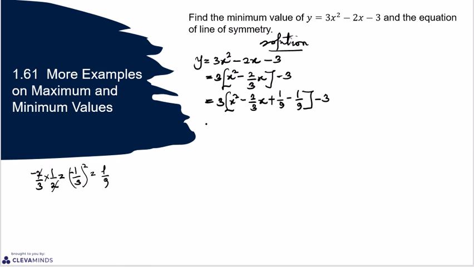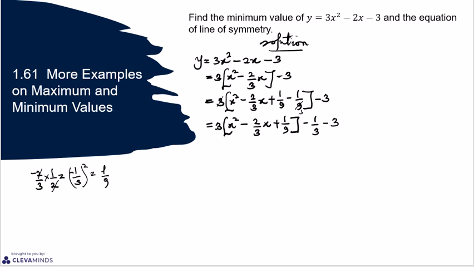We say 3 open bracket x squared minus 2 over 3x plus 1 over 9, close the brackets. Then I use this 3 to divide this 9. That gives us 3, so I have negative 1 over 3 outside the brackets. That's how to multiply it out technically.